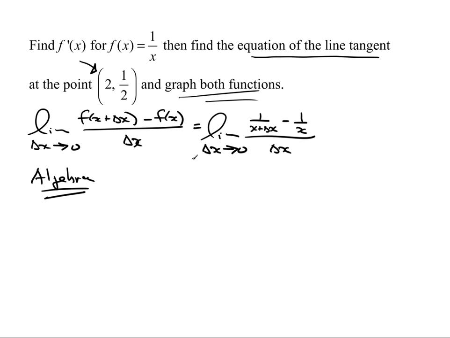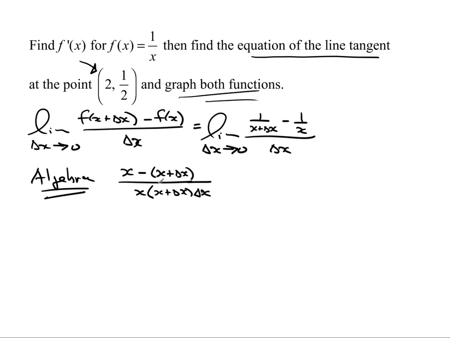I'm just going to do this subtraction, and that would give me x minus the quantity x plus delta x, over x times x plus delta x. And this is all over delta x, which is the same as just bringing it up. So I'm just going to bring it up right here.